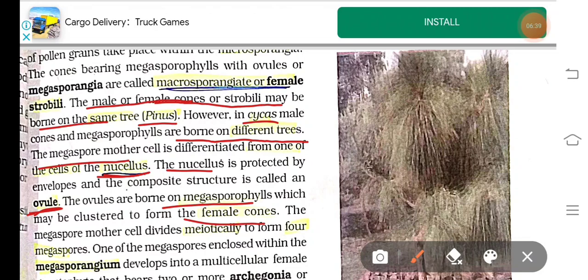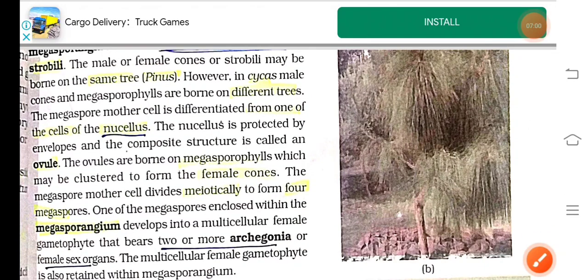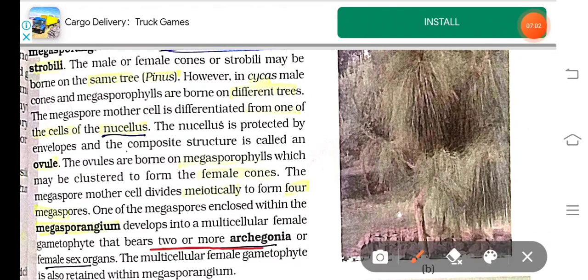This megaspore mother cell divides meiotically and forms 4 megaspores, enclosed within the megasporangium, and one develops into a multicellular female gametophyte which bears 2 or more archegonia, which are your female sex organs.